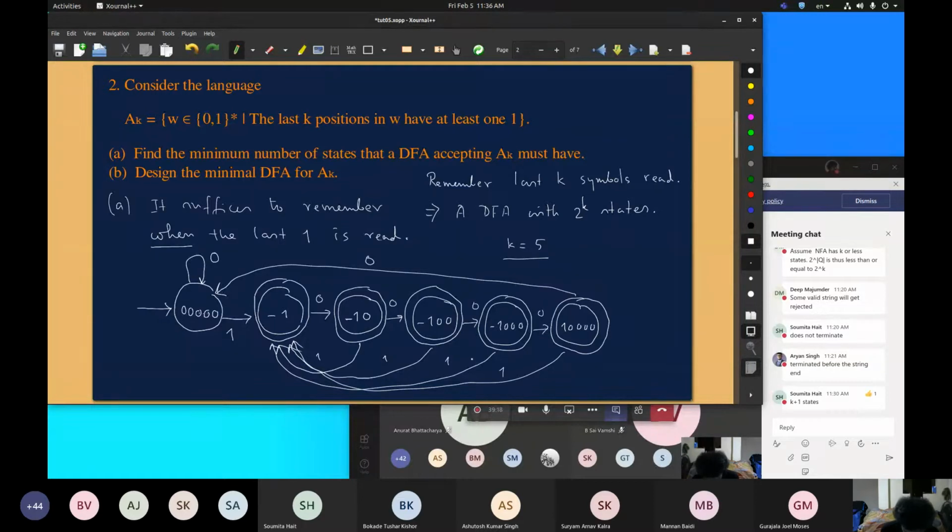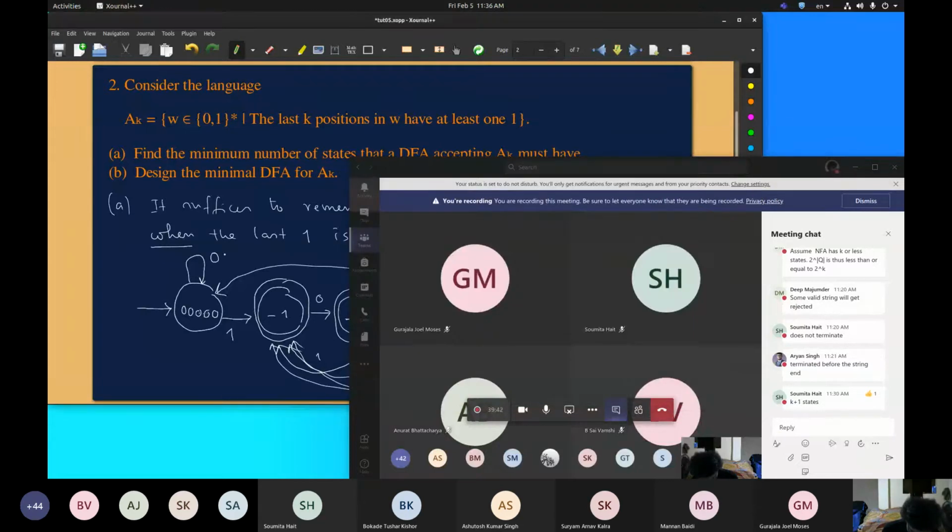So it is at least established that k plus 1 states, so in this case 1, 2, 3, 4, 5 plus 1, 6, so k plus 1 states suffice. But still we have not proved that.